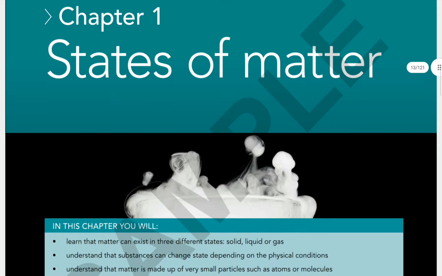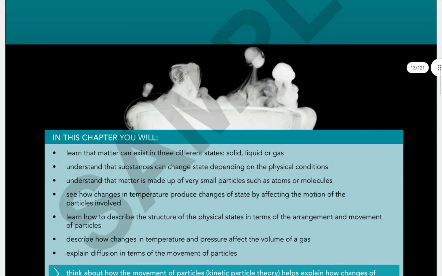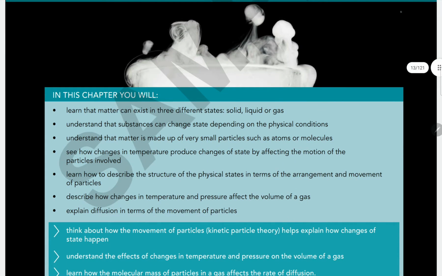So in this chapter you will learn that matter can exist in three different states: solids, liquids, or gases. Understand that substances can change depending on physical conditions, and understand that matter is made up of very small particles such as atoms or molecules.